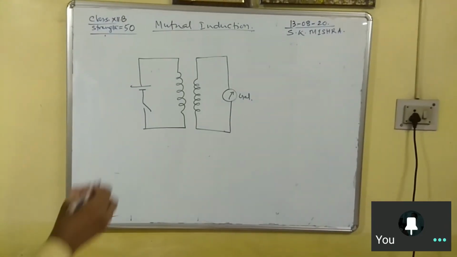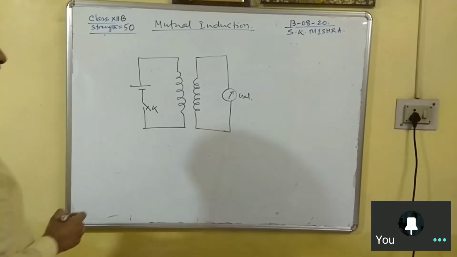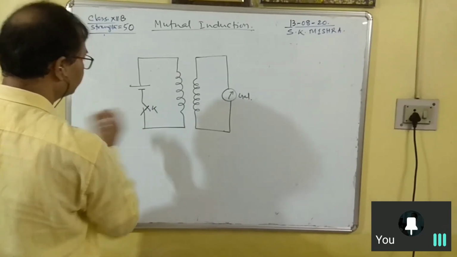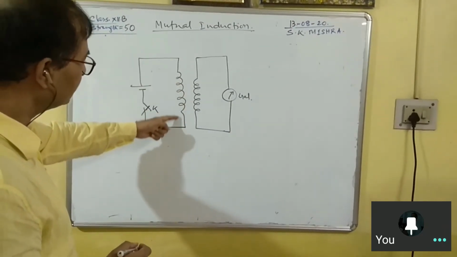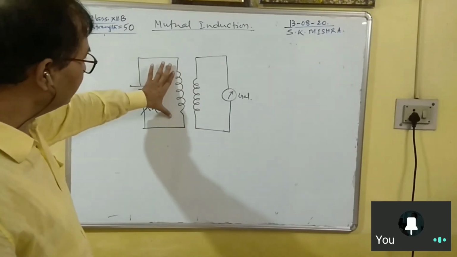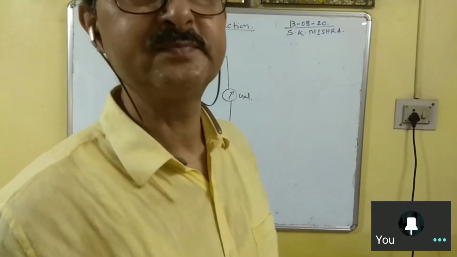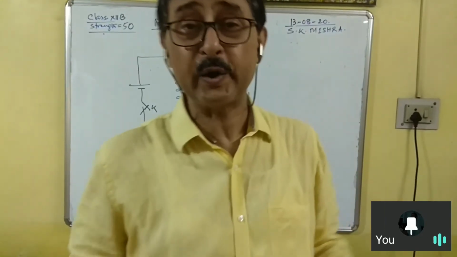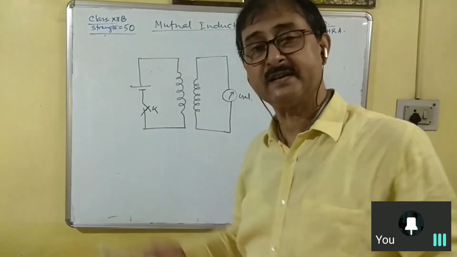Now, if you close this key, the moment you close this key, a growing current starts flowing through this coil. And so the magnetic flux linked with this coil will also keep on increasing, because since the current is growing, the magnetic field inside the first solenoid is also increasing.